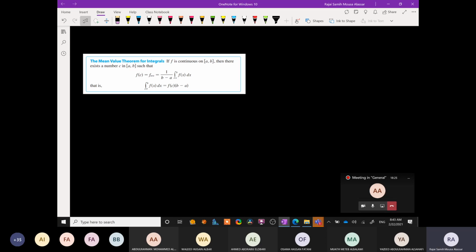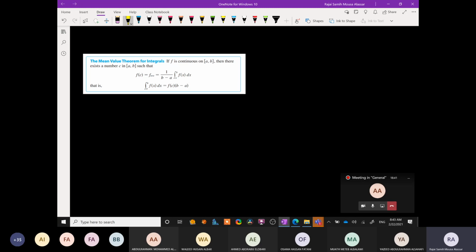Okay, so this theorem is a very fundamental theorem. It's just like the mean value theorem for functions, like you did in Math101. We have a counterpart here, which is the mean value theorem for integrals.